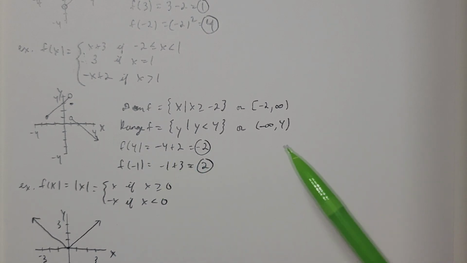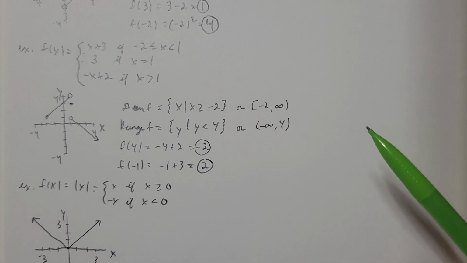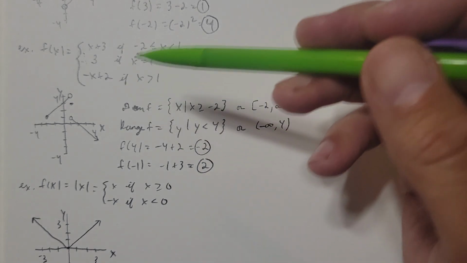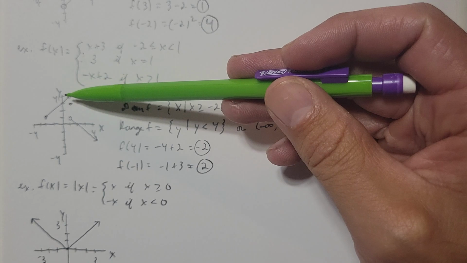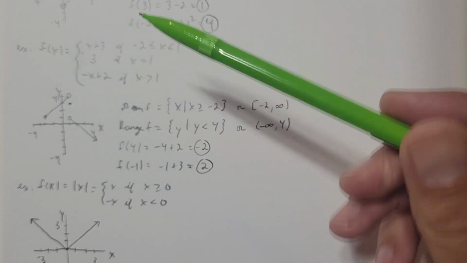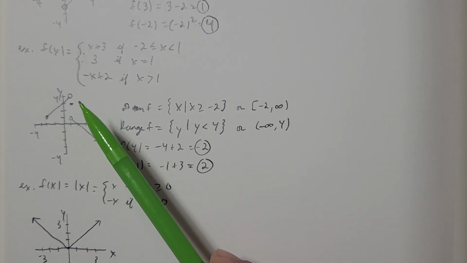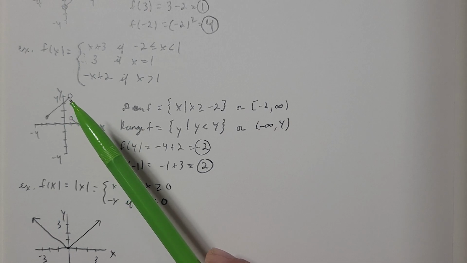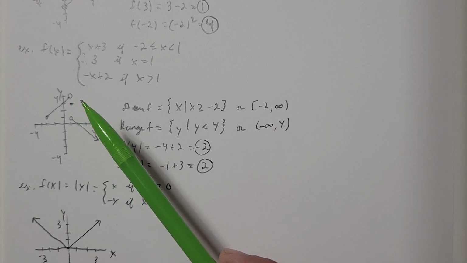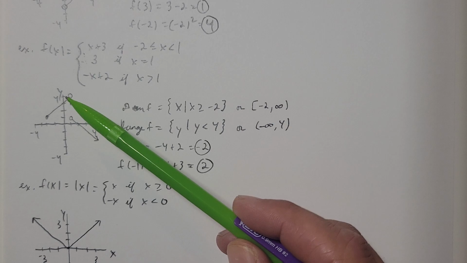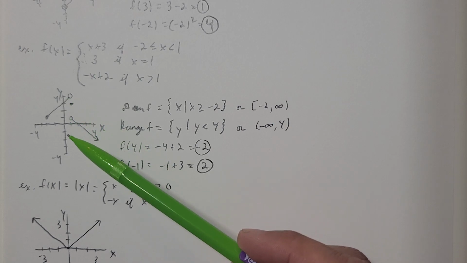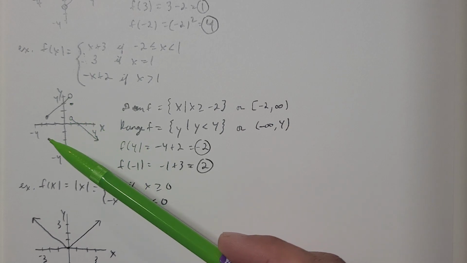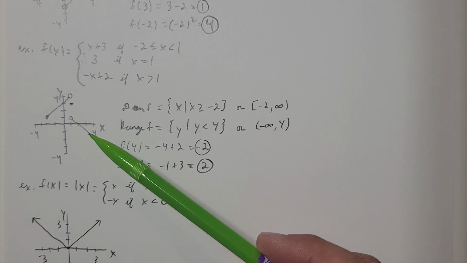Okay, the range of the function is asking for the y values. So if I look at the graph here and I scan the y-axis and I look to the left or the right, if I'm on the curve, I'm in the range. If I'm not on the curve, I'm not in the range. So it looks like anywhere that is less than 4, when I look to the left or the right, I'm on the graph.